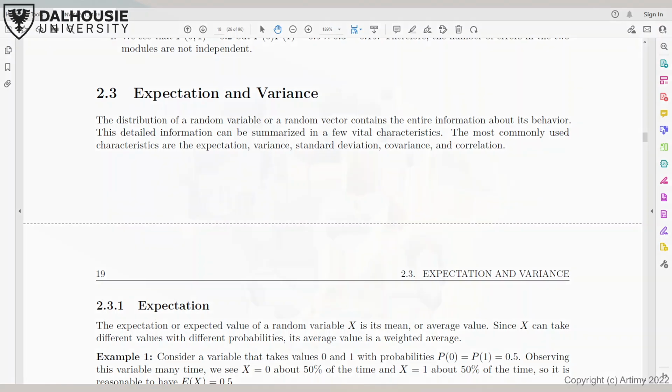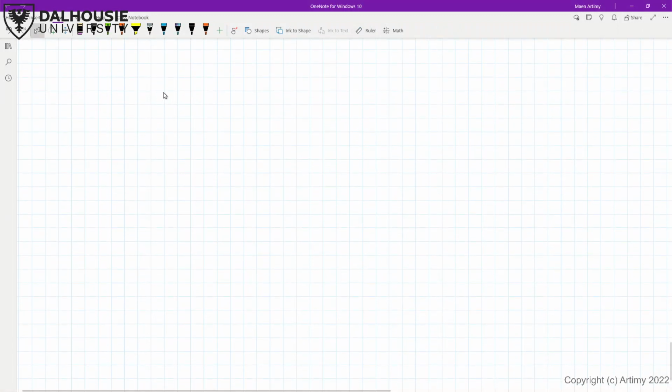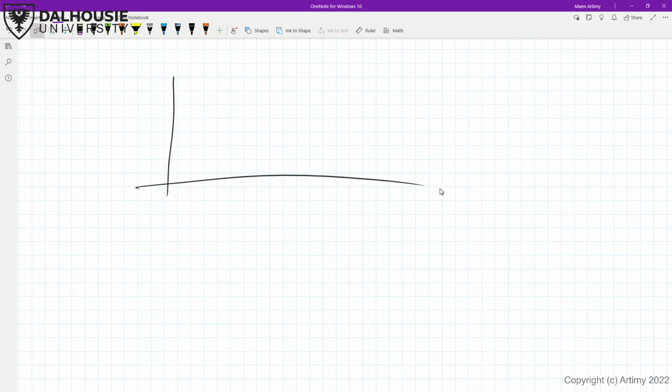So to explain the probability distribution one more time. Let's say here are my results. The results can go from 0 to 100, but the distribution or the probabilities can be like this.